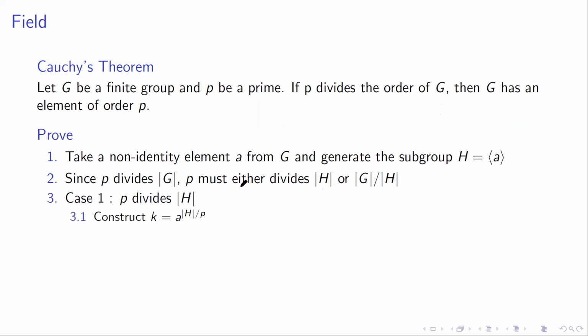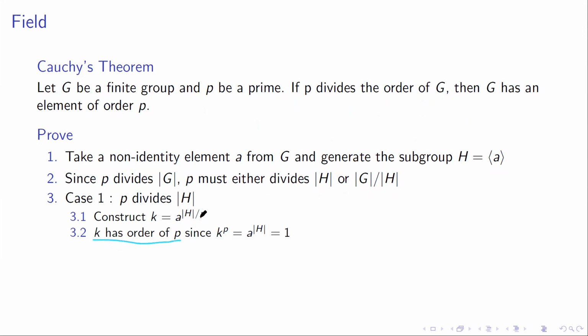what can we do? We can construct another element k. We raise a to the power of the order of H divided by p, and construct this element k. By this construction, we know that k has an order of p. Why is this the case?